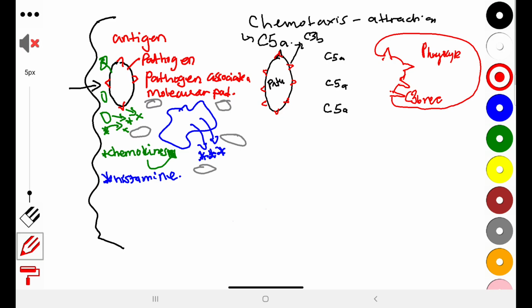First of all, we have C5a chemotaxis, pulling or attracting the pathogen to the phagocyte. And the C3b proteins are then able to bind. Now, this binding, or this coating of the pathogen with the phagocyte receptor, is known as opsonization.